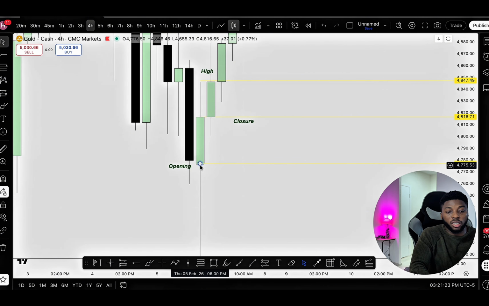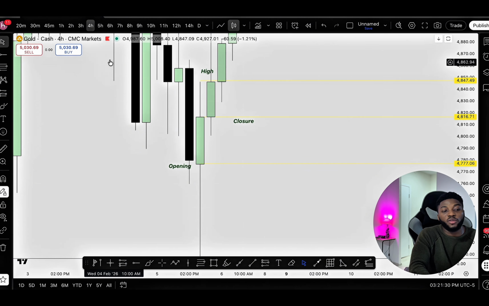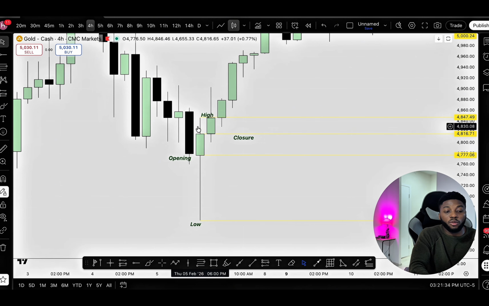This one, he opened here, did his thing. So many things happened internally within that particular time frame, which here is 4 hours. So many things happened up and down. As it opened here, it can move all the way up here first, then come down and create a for now low, then went up again, stopped here, then came down again, took out the for now low, created another for now low, and so on.